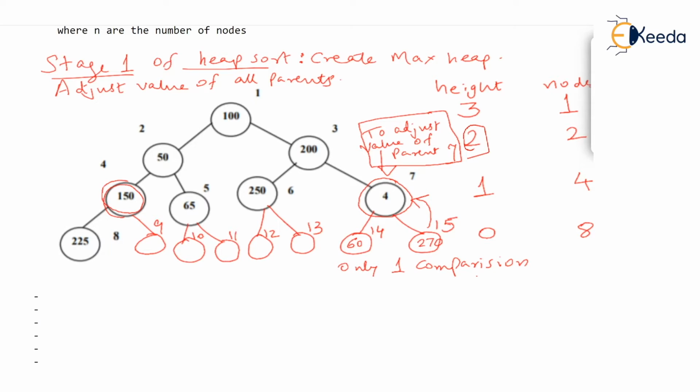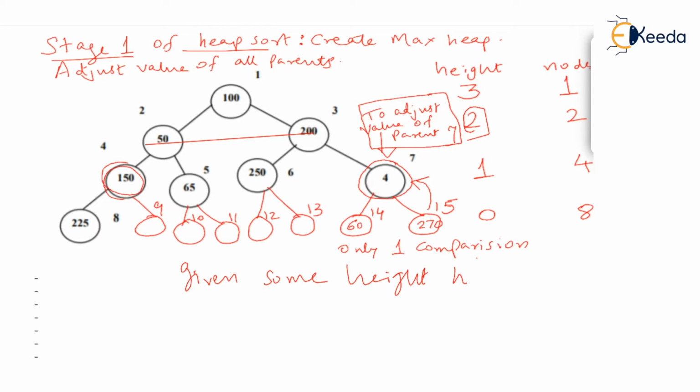And for every node, hardly two comparisons are needed. But that 2 is nothing but the height, isn't it? So again you observe, given some height h, and we are asked to talk only about nodes at that height. How many comparisons are needed to fix all the parents at that height?